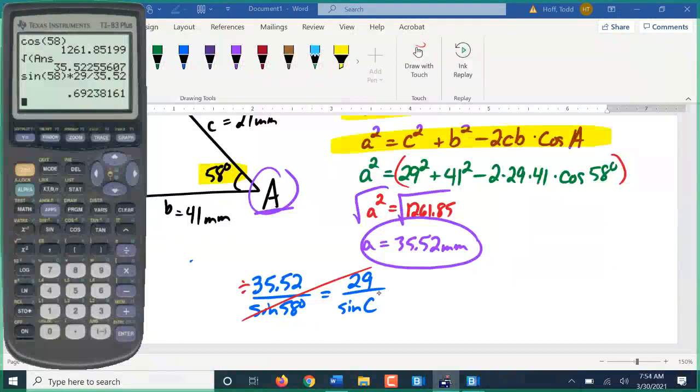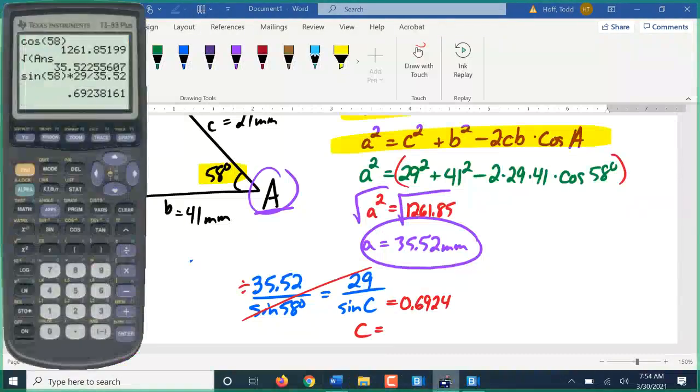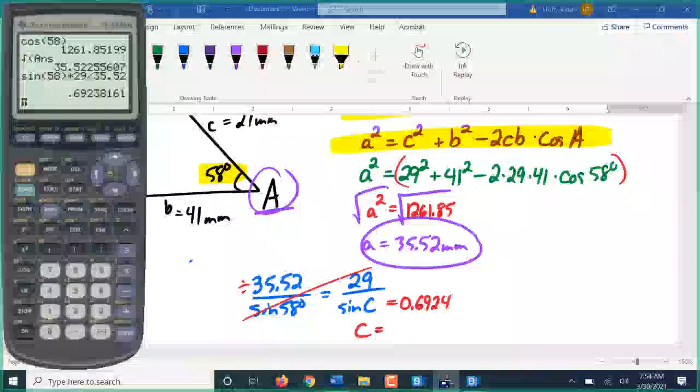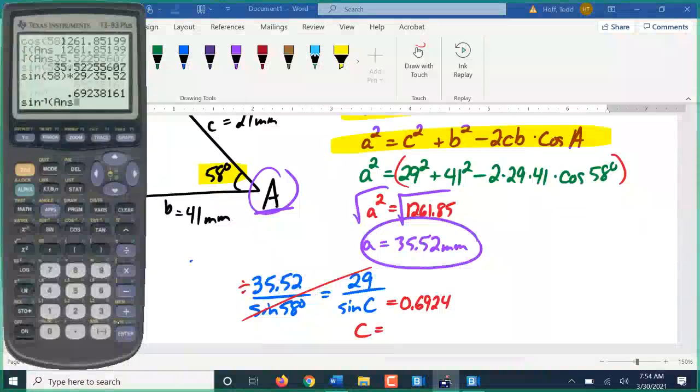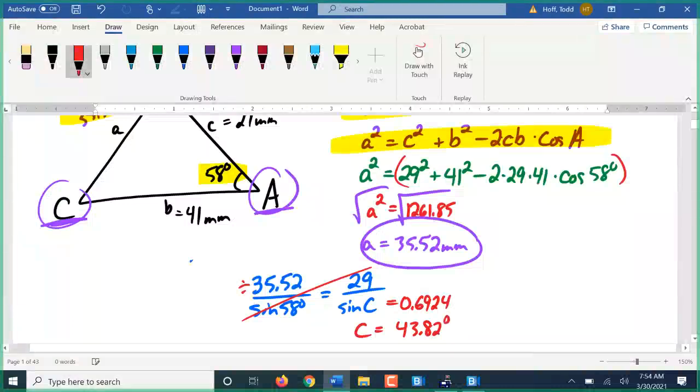That's 0.6924, and do an inverse sine. Second sine, second answer: 43.82 degrees. C is 43.82 degrees.